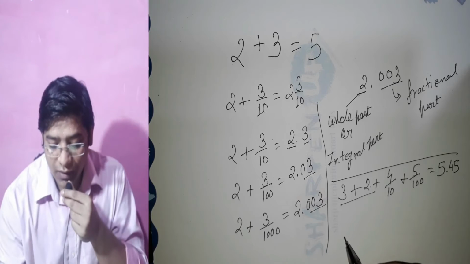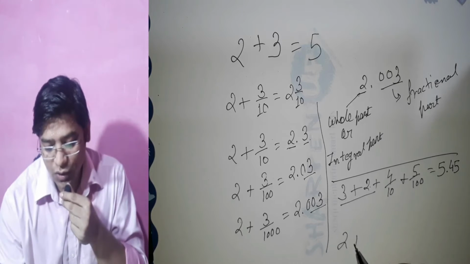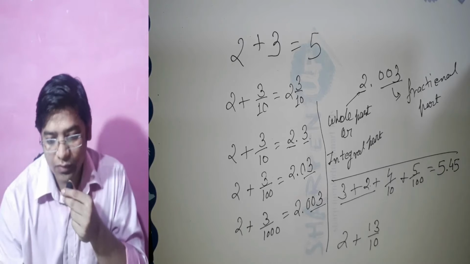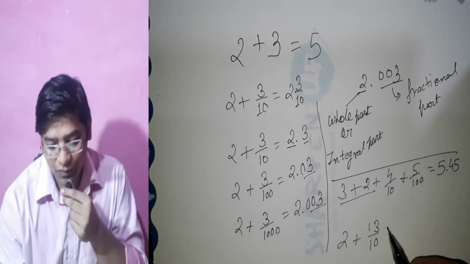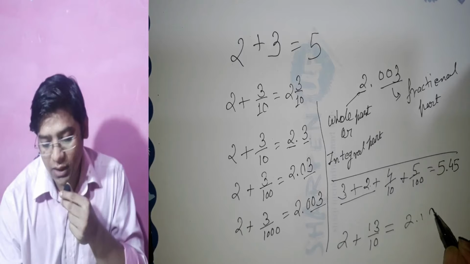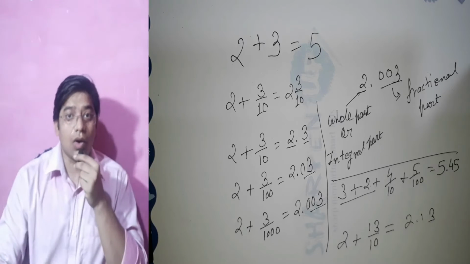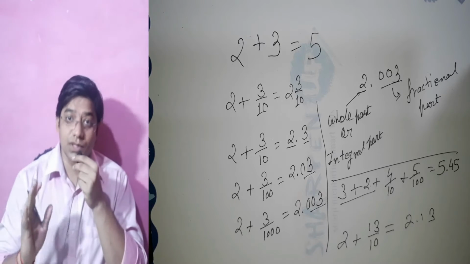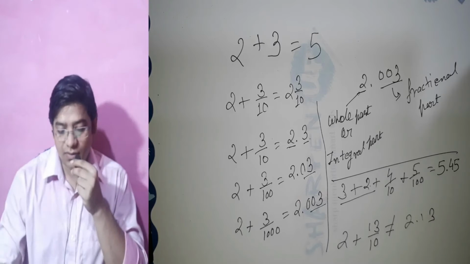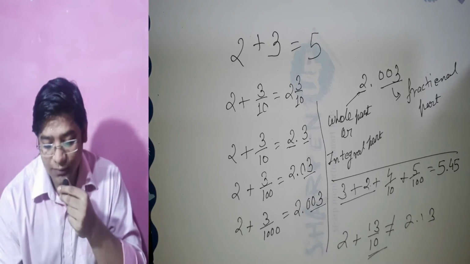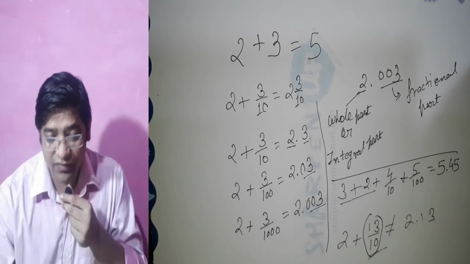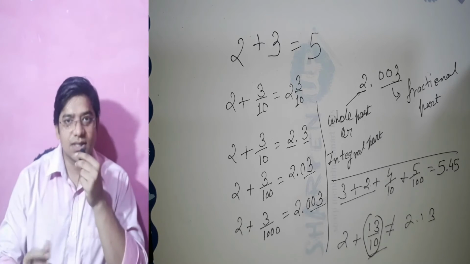What if I'm writing here 2 plus 13 upon 10, how will you write it? If you write it like 2.13, then obviously you are making a mistake. You can't write it like this, because you can see this is an improper fraction. So what do we have to do in such a situation?